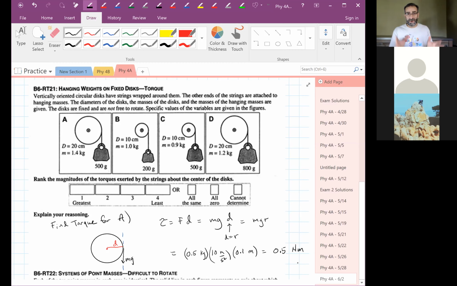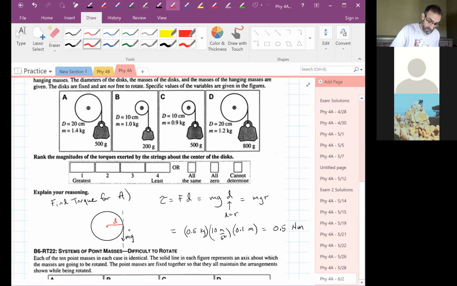Because it's uniform and the pivot point is at the center of the disk. Okay, so we are concerned with the hanging mass. Good.